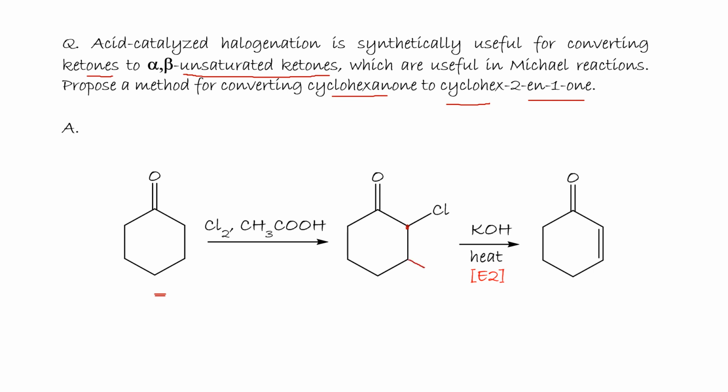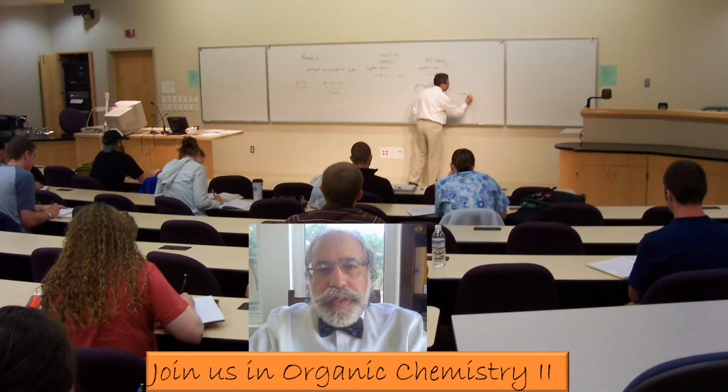You have a hydrogen here, so reacting this compound with potassium hydroxide and heat will go through an E2 mechanism: the base will attack the hydrogen, forming the double bond in here and Cl leaving, to form the cyclohex-2-en-1-one target molecule. See you next lecture.